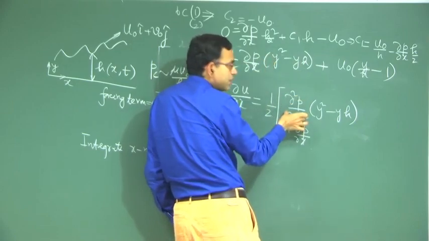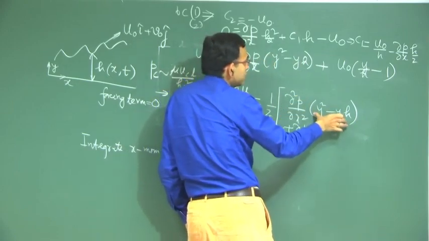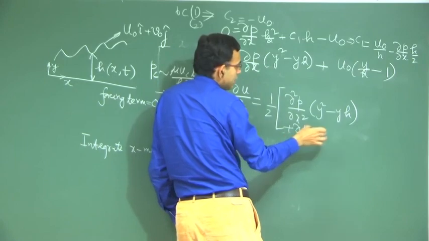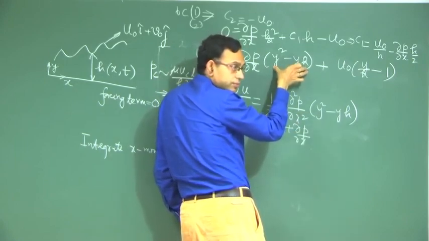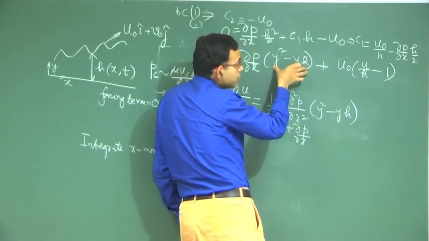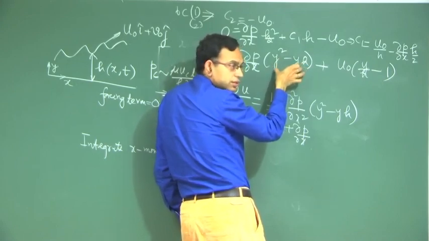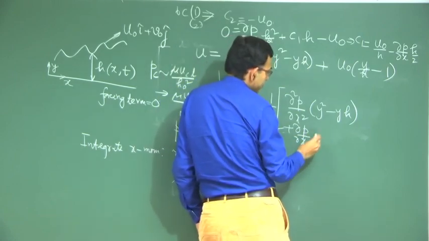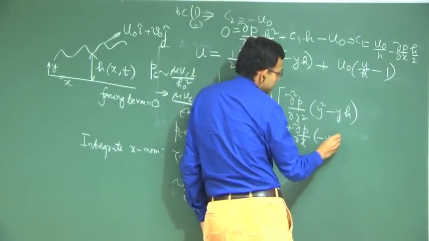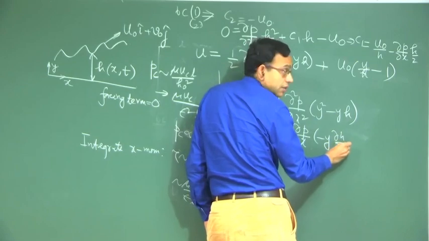First derivative of this with respect to x, keeping this as a constant, then derivative of this with respect to x. Which term is a function of x here? H, right.